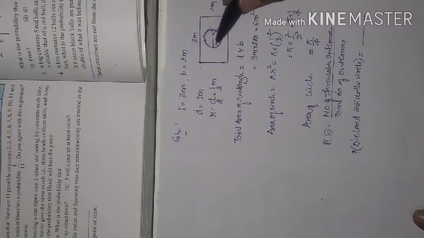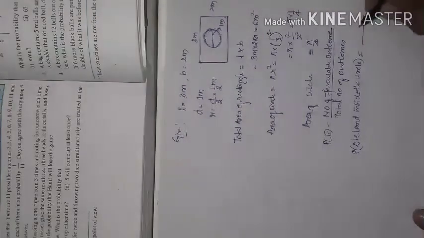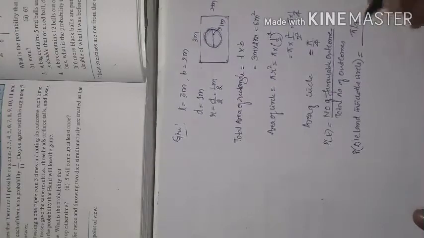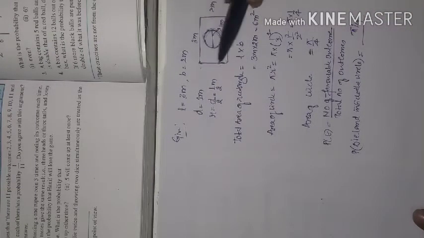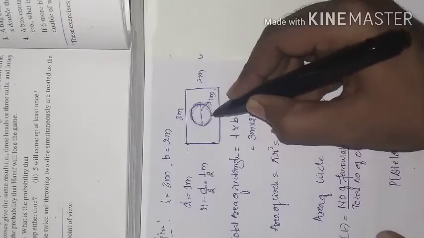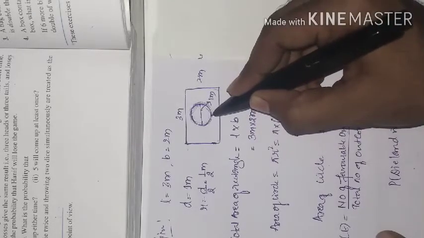So the area of the circle is pi divided by 4. Now total number of outcomes means what? Total area of the rectangle. Out of this much area, the die should land inside the circle only. That is the only possible favorable outcome of the die. Okay, now total number of outcomes.